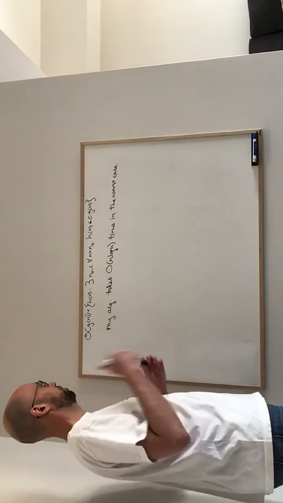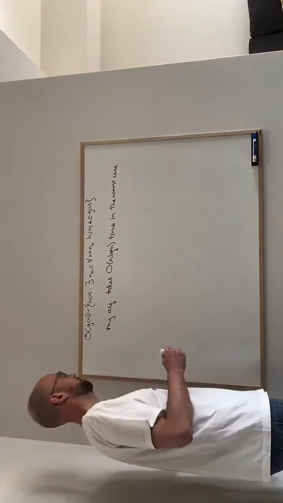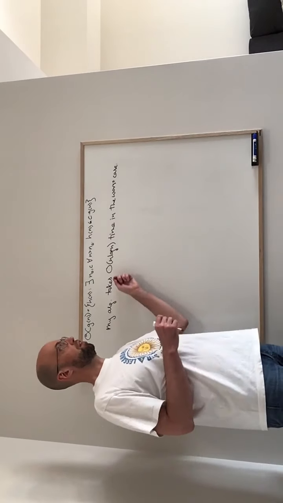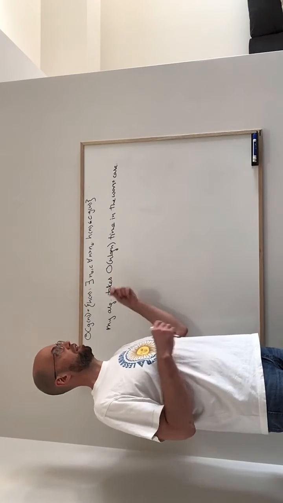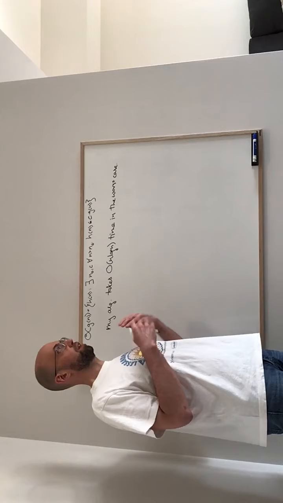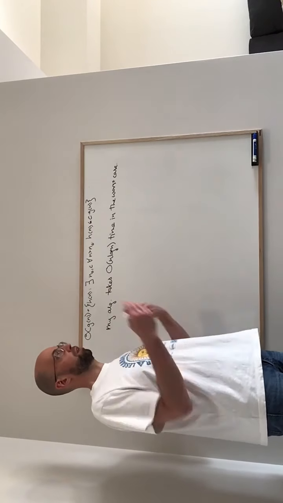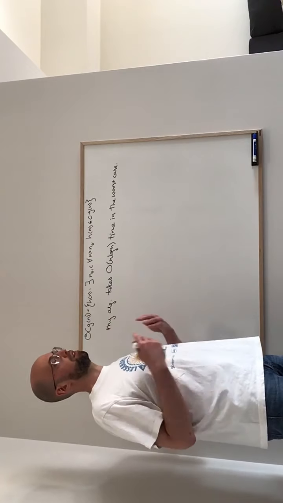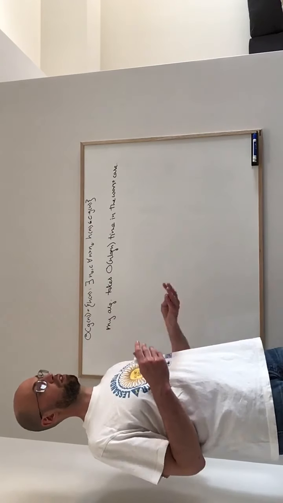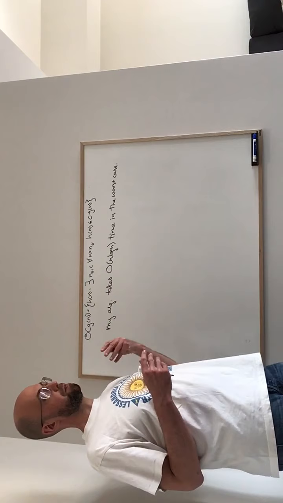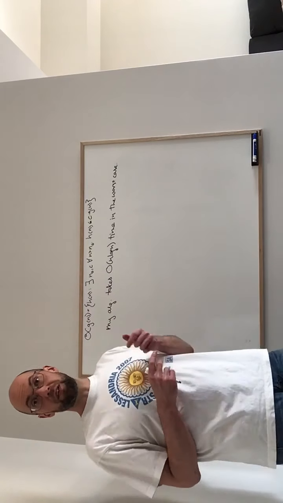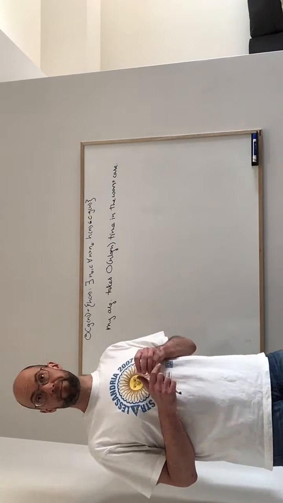Now we understand what this means. It means that there exists an n0 and a c such that for inputs larger than n0, f of n is bounded by c times n log n.